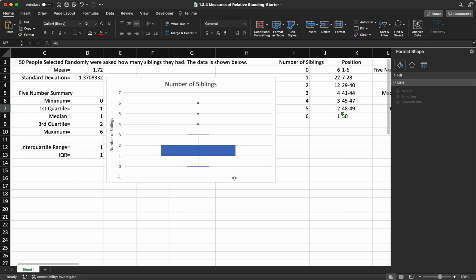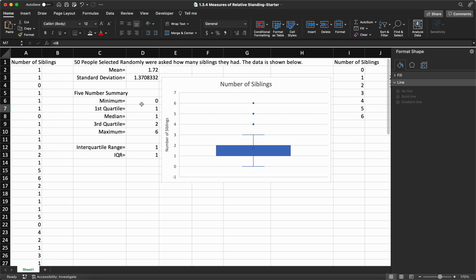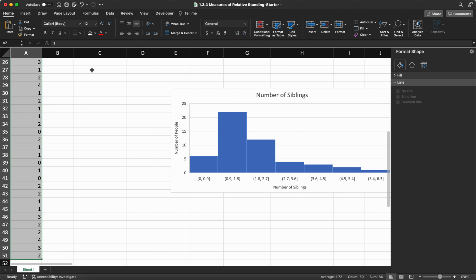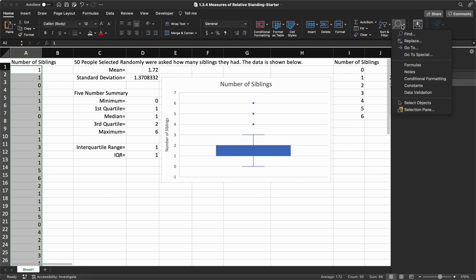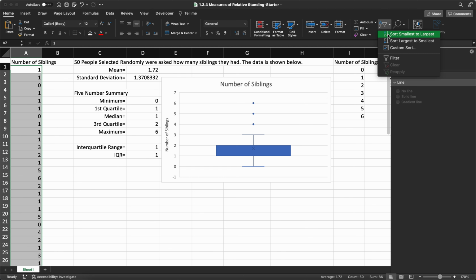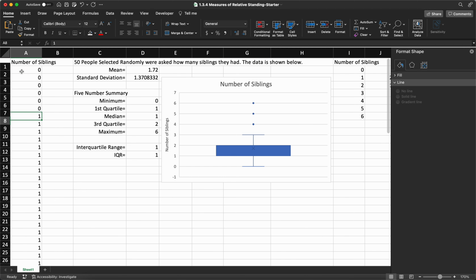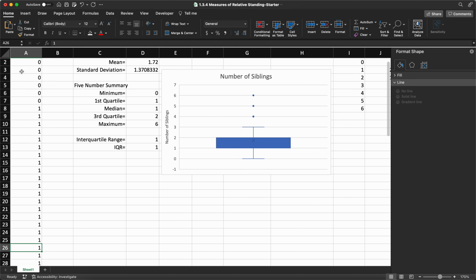And if you look back at how we did this automatically, we could always arrange these numbers from smallest to biggest, and we can see that list out. So if I sort this from smallest to largest, you can see if I'm looking for the middle value, that would be between 25 and 26, which I would average these two, and that gives me a 1.